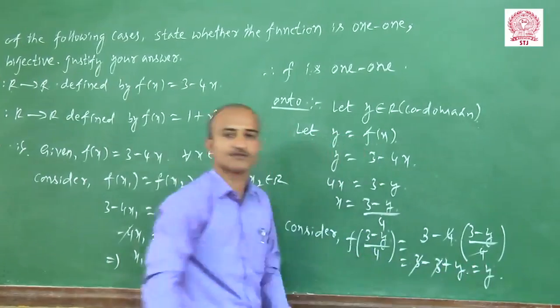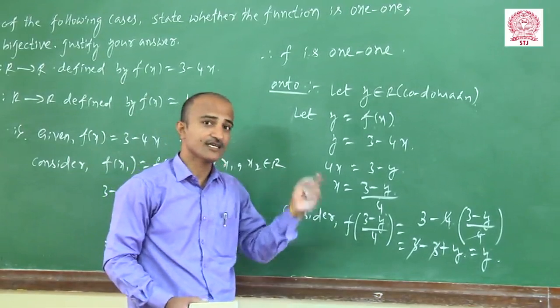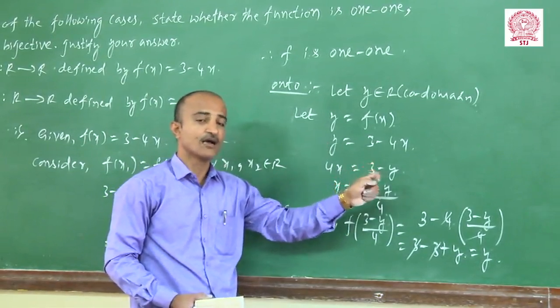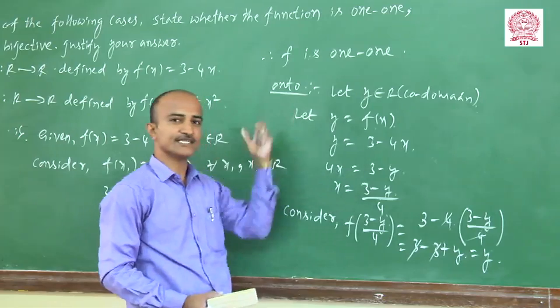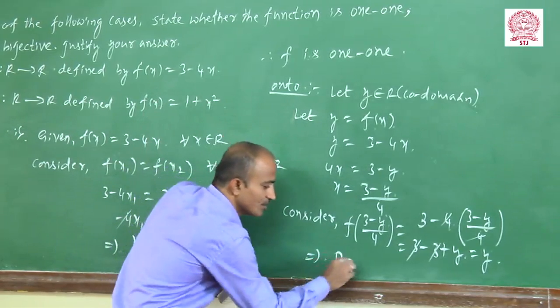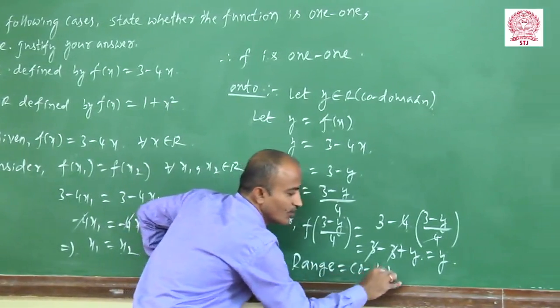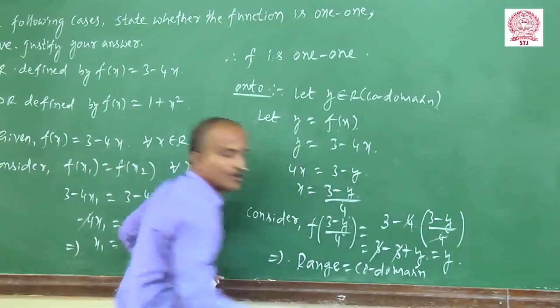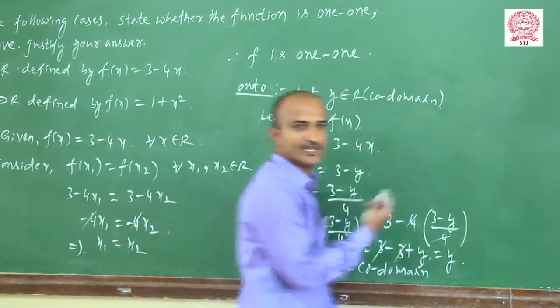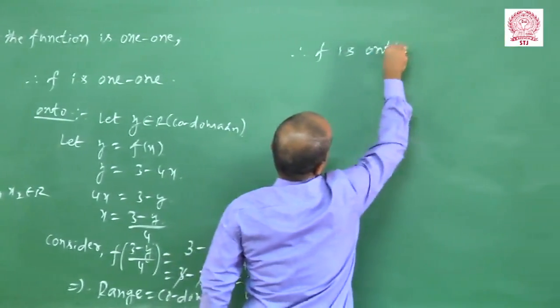Simplify: we have 3 minus 3 plus y, and that is y. Means for each element in the codomain there is a pre-image in the domain, means range is equal to codomain. When range is equal to codomain, clearly that function is onto. Therefore, f is onto.